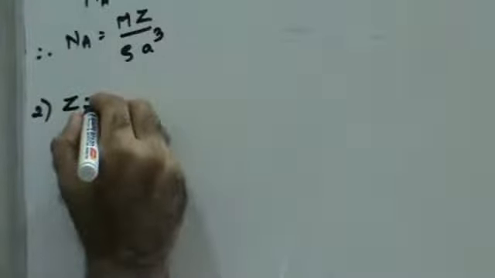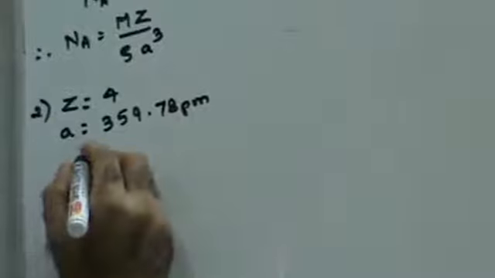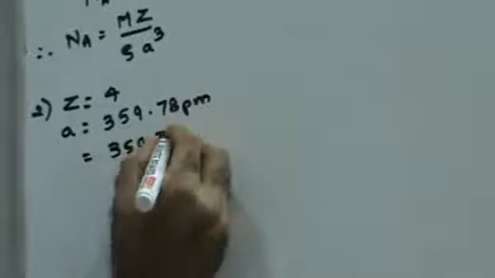Next, take our next one, please. At 270 Kelvin, copper metal crystallizes in face-centered cubic lattice with edge length of its unit cell 359.78 picometers.